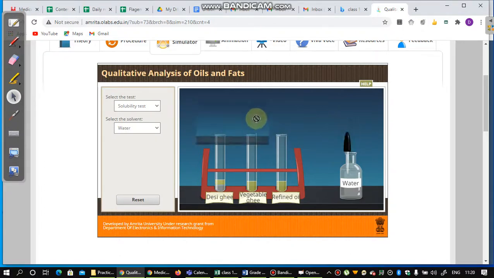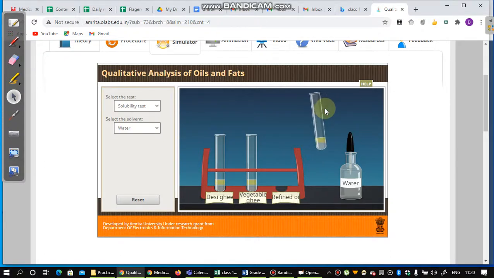Now in the second step, again we take water, put a few drops in the vegetable ghee, take a test tube and shake it. Still it is insoluble. At last, again we put a few drops of water in the refined oil, take a test tube and shake it.